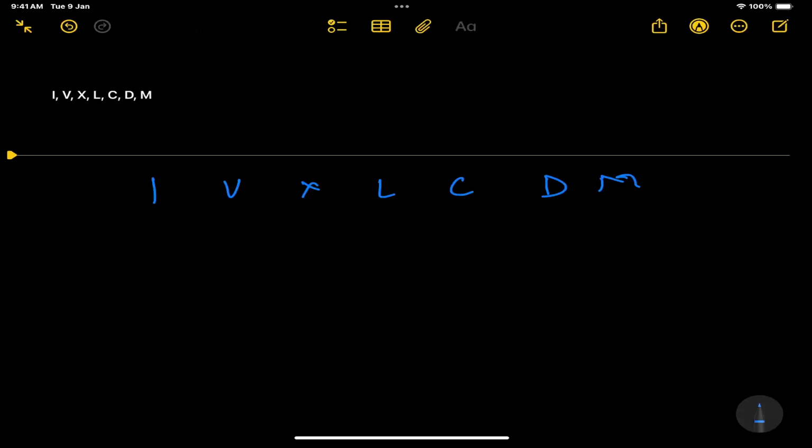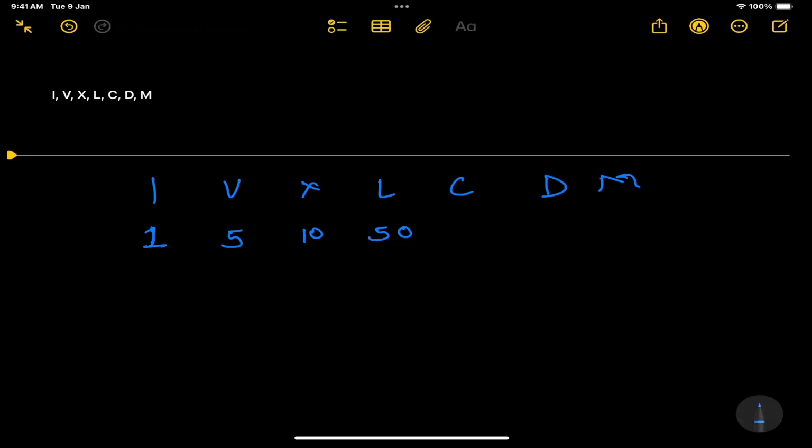Then we'll move ahead with understanding the Roman numbers. There are a few rules to understand. What is this one? This I denotes value 1. This V denotes value 5. X denotes the value 10. L denotes the value 50.